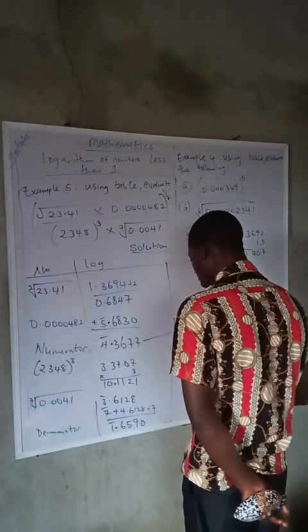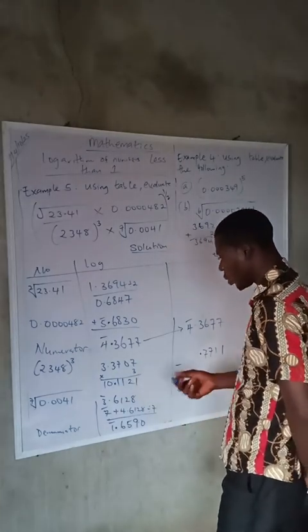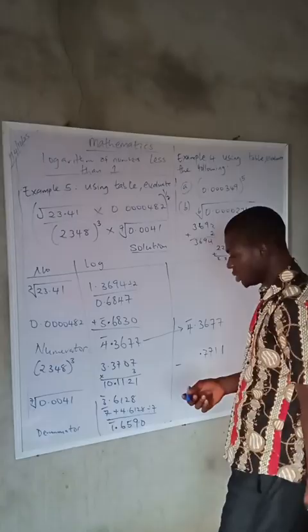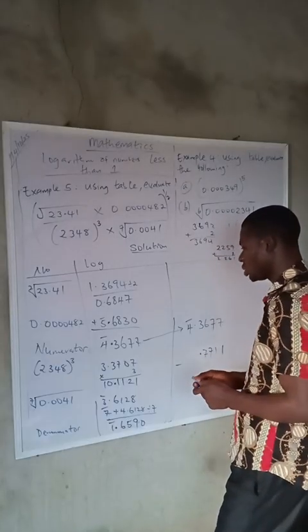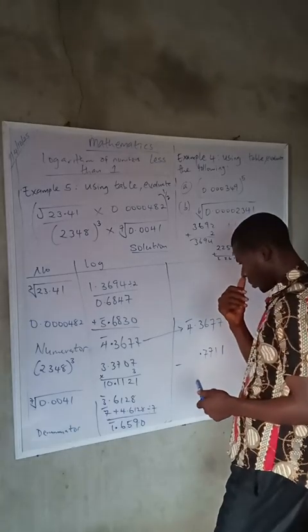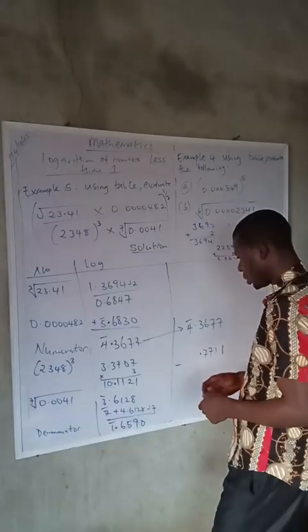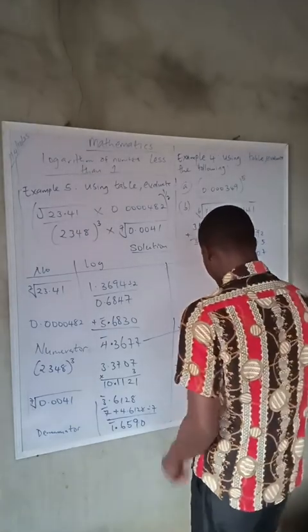Point. Then you have 10 plus bar 1, that's the same thing as 10 plus minus 1, which is going to give us 10 minus 1, and that's going to be 9.